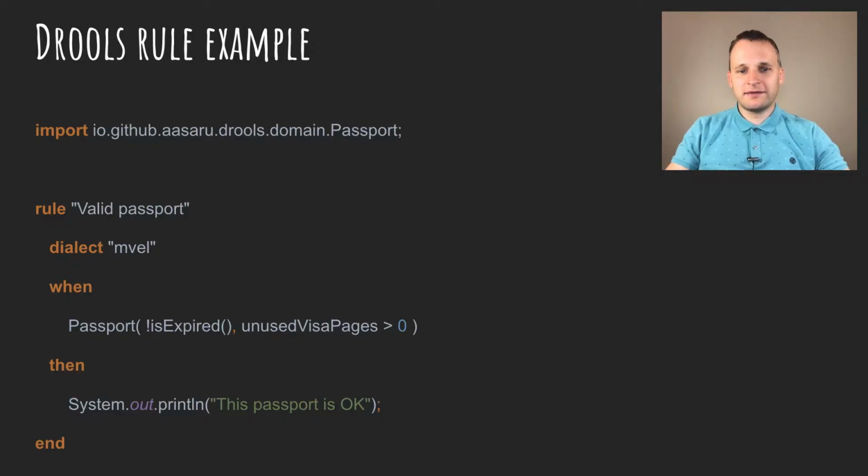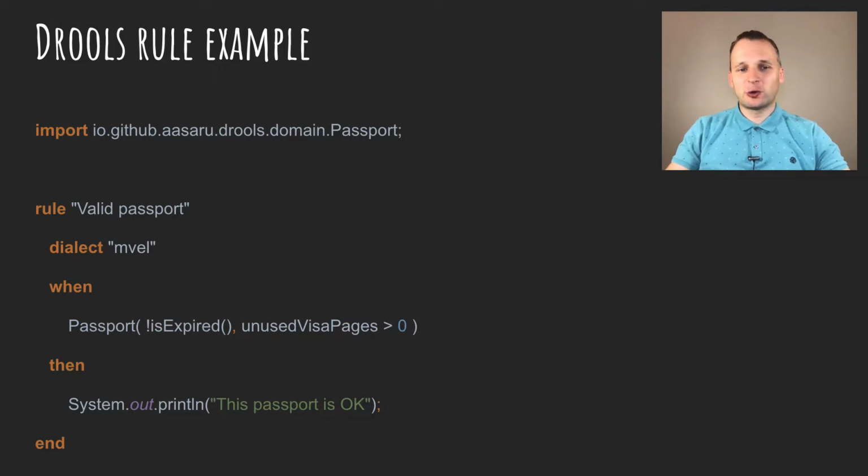So this is the first example taken from the example code. This rule marks passports valid. So we have a name, valid passport. We have one attribute, dialect. So we specify that the when side of the rule is written in MVEL language.